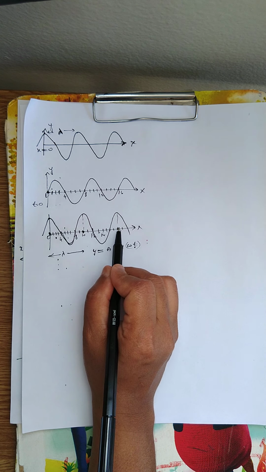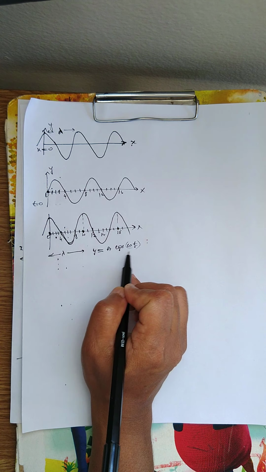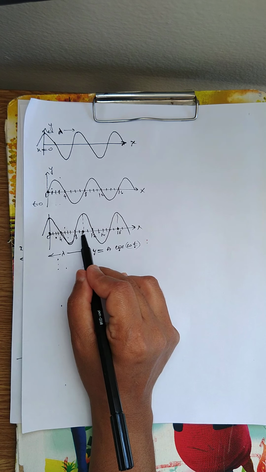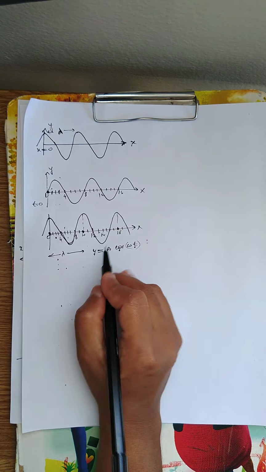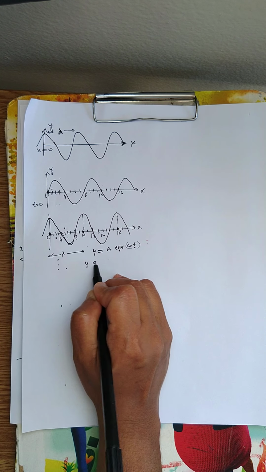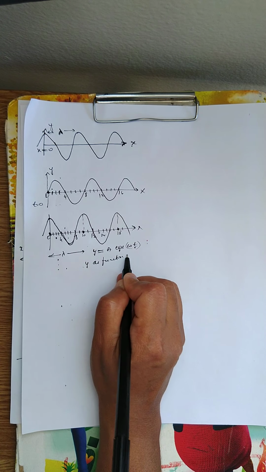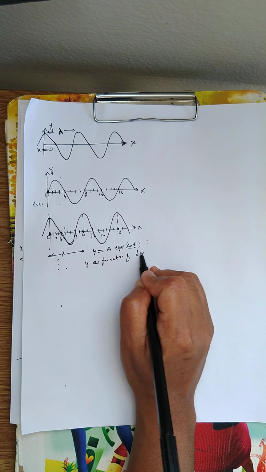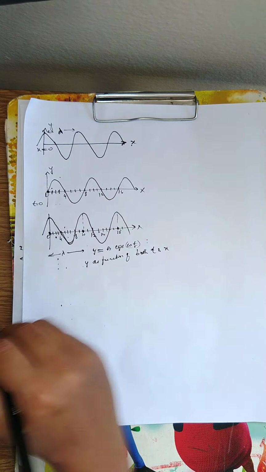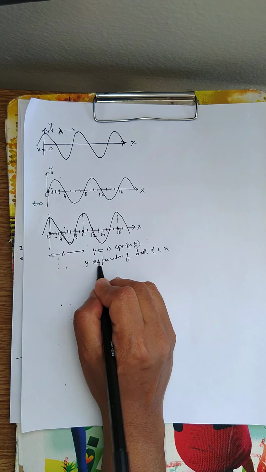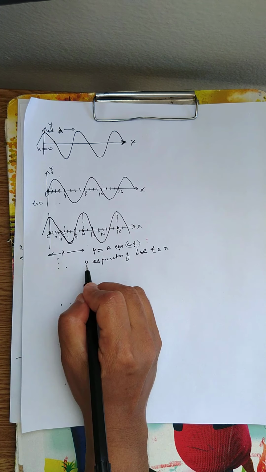Their displacements are not same. So to explain the displacement of a particle in a progressive wave in general, I need to have the displacement as function of both time and position.